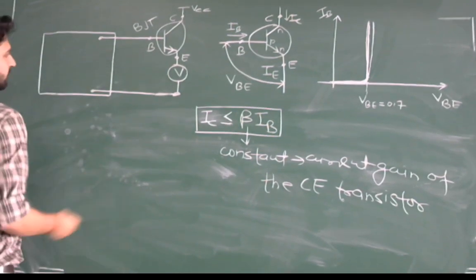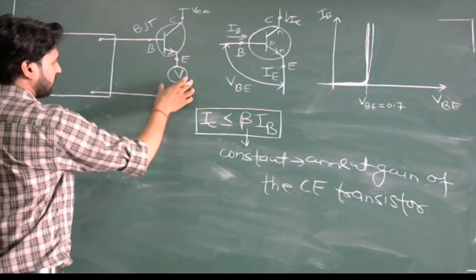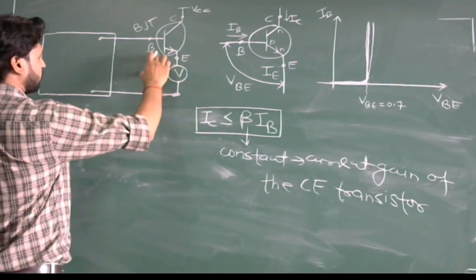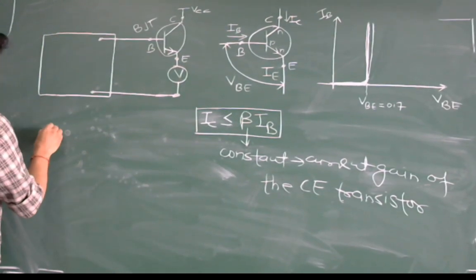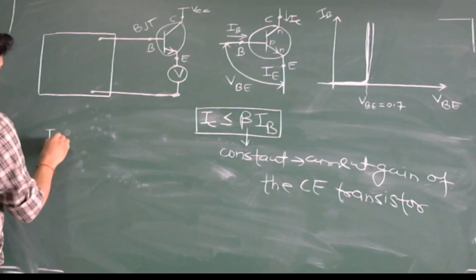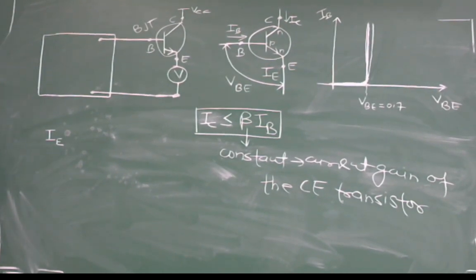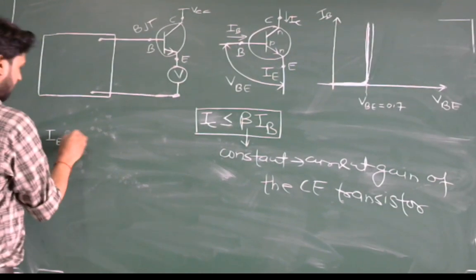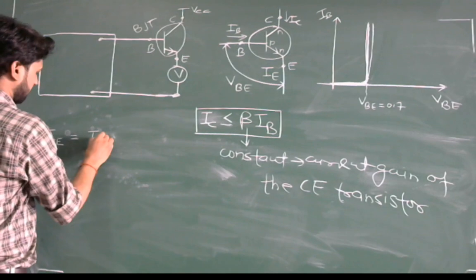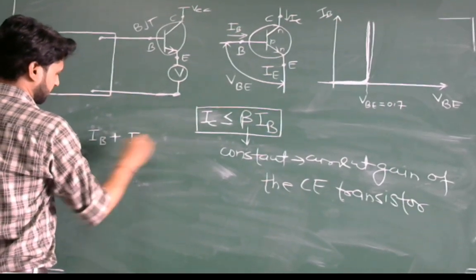The other relation is the total current. By using KCL we can say that the total current coming out of the device will equal the total current going into the device. So the total outgoing current is IE, and the total current going inside the device is IB plus IC.